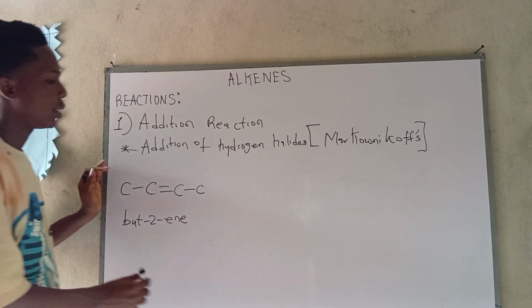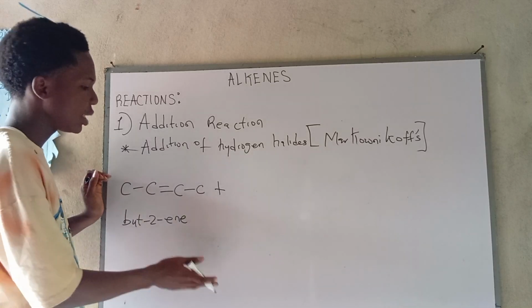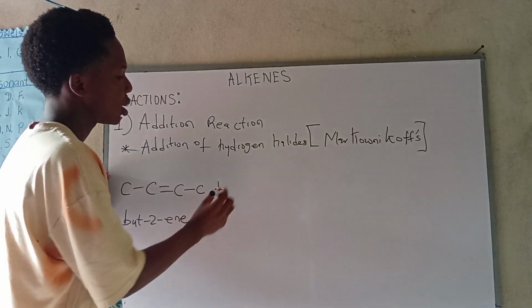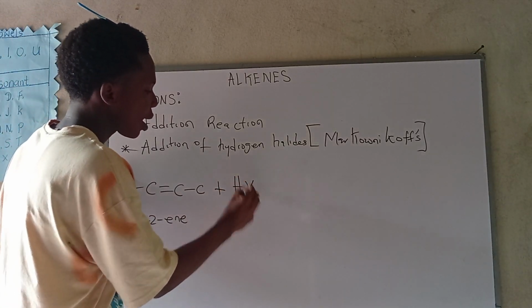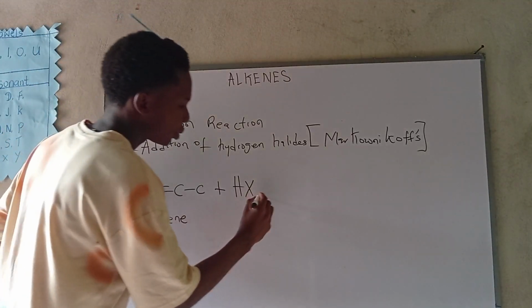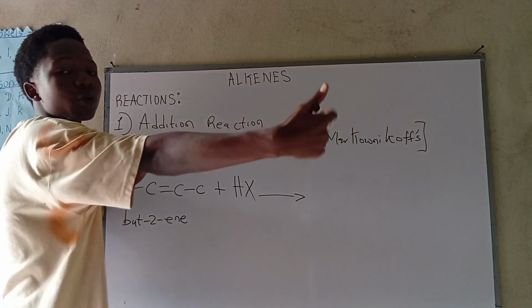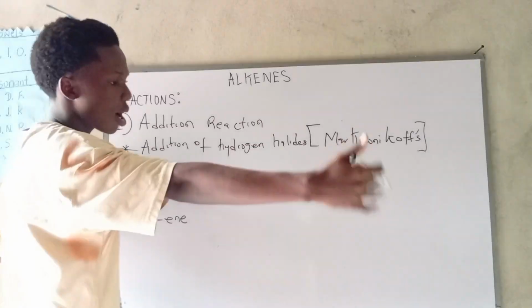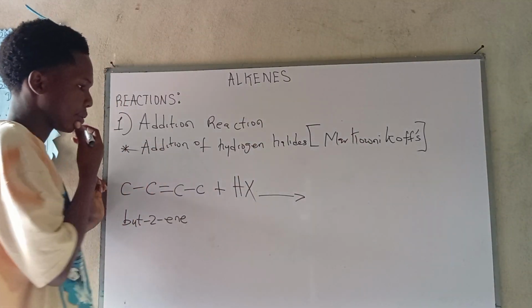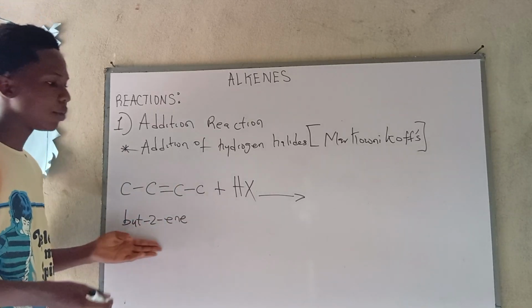Now, if we react an alkene, which is butene, with a hydrogen halide, what will happen? It will give us an alkyl halide, also known as haloalkane.